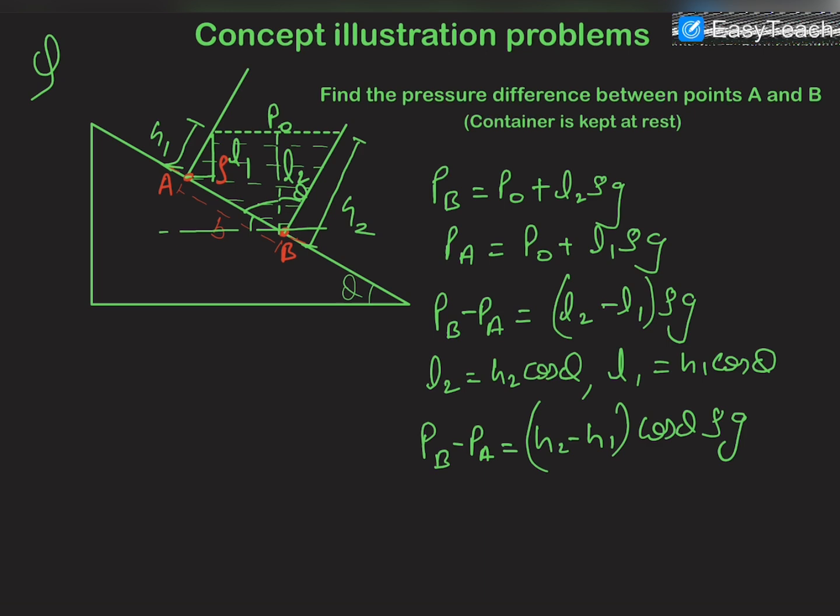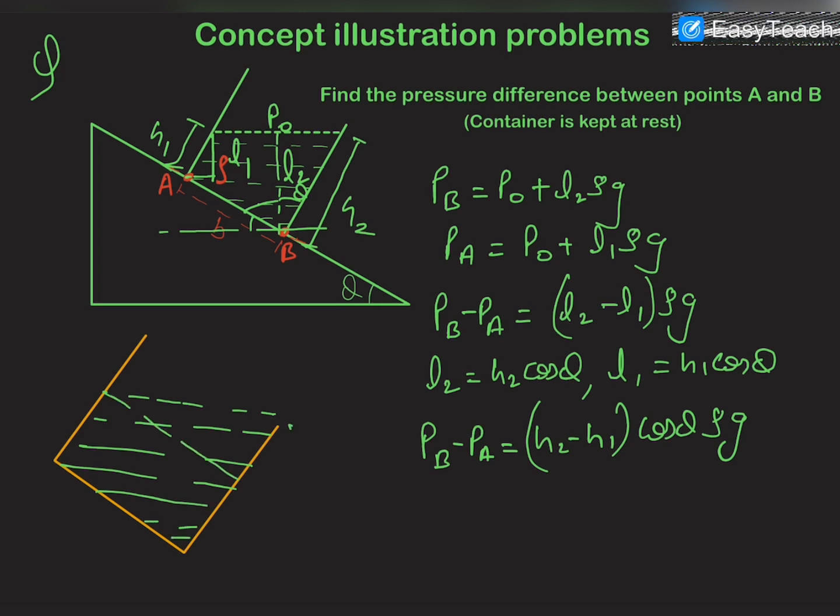Now if we redraw this diagram, let us draw the diagram again. If this is the container, and the liquid level is like that, and this angle is theta, and this is h2 minus h1, and this is b.